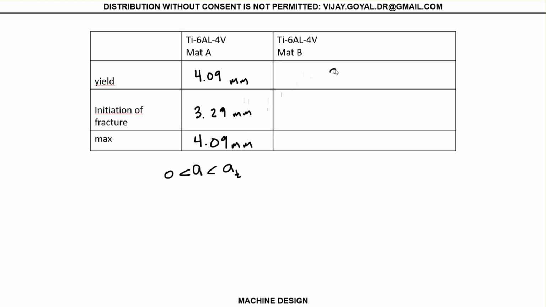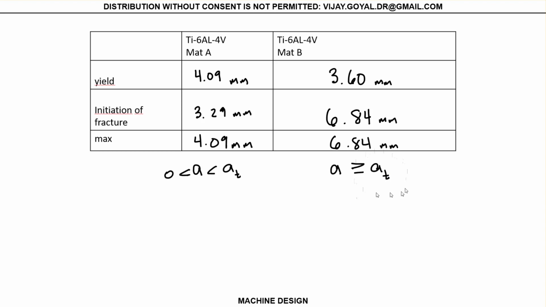In the second material, this was 3.60 millimeters. And this gave me 6.84 millimeters. And the answer, then, the maximum value is 6.84 millimeters. And we kind of knew that your fracture was going to be more critical because your A was bigger or equal than your transition crack length.